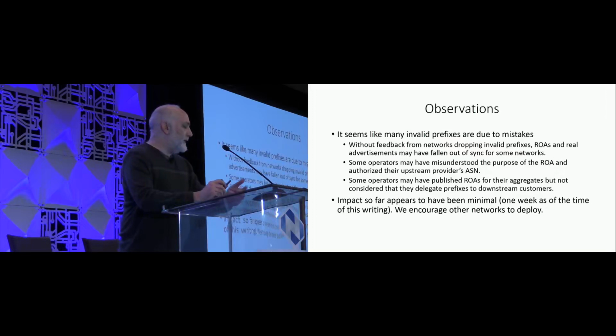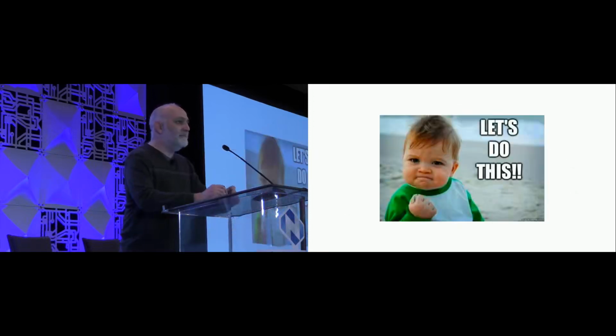In some cases, maybe somebody published for their aggregates, but didn't publish for what they delegated to customers. Lots of different potential reasons. These are just what we thought probably happened. There seems to have been minimal impact, and so we really think everybody else should get this done.